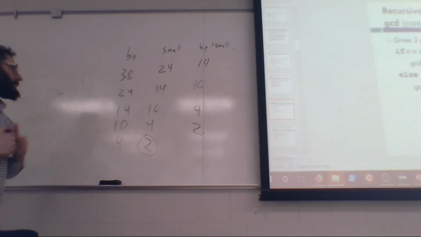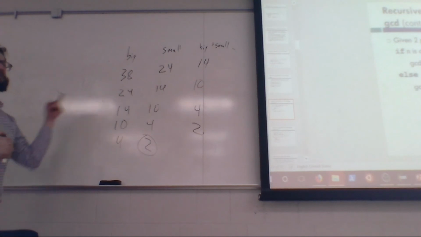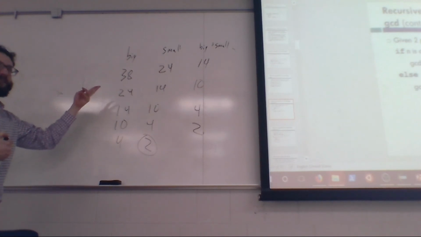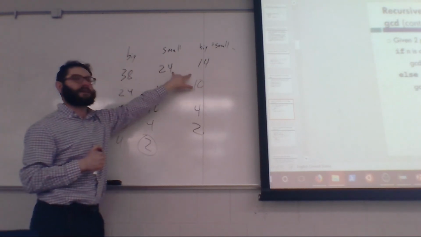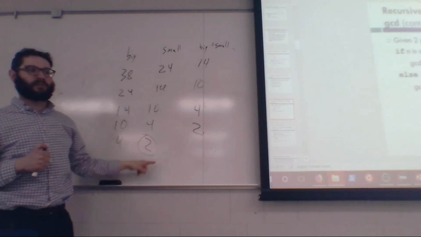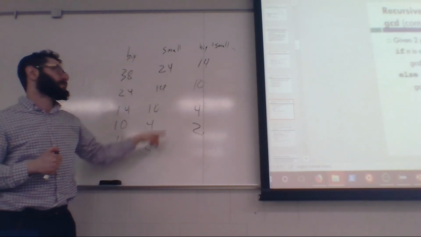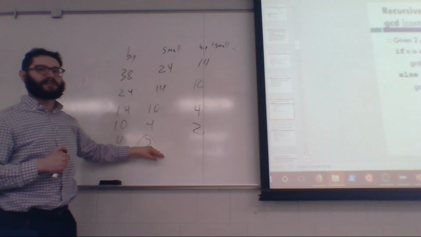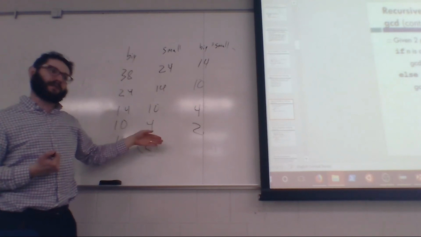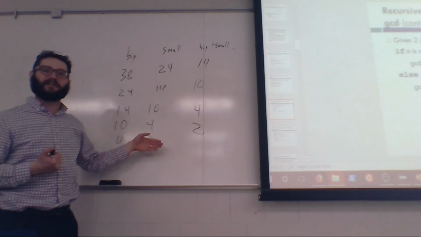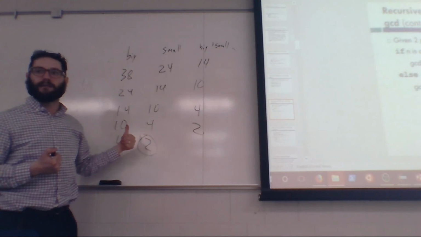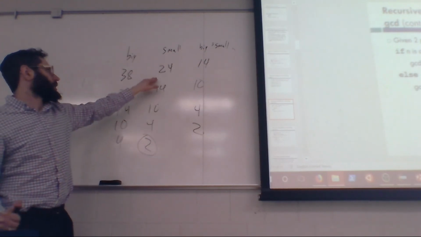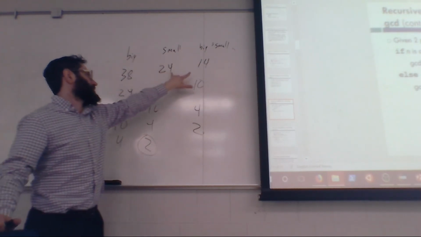And so the question is, does each of these, so now we have to verify, does this problem make progress towards the base case? Well, we get smaller and smaller numbers, and the divisor is always going to be equal to or smaller than big. So these numbers become smaller.